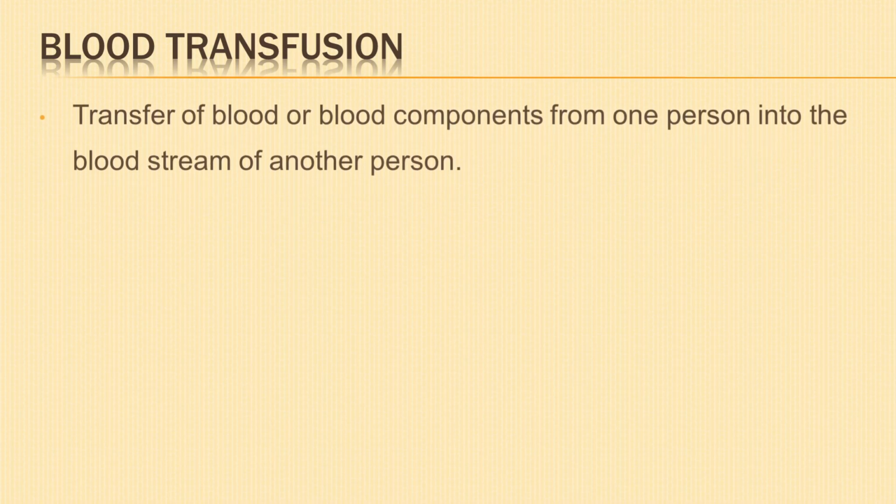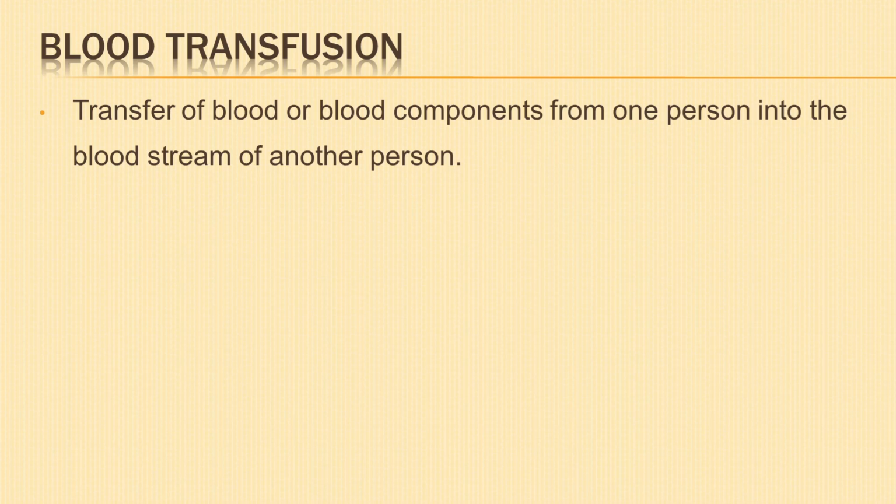Finally, we come to blood transfusion. The transfer of blood or blood components from one person, that is the donor, into the bloodstream of another person, the recipient, is known as blood transfusion.